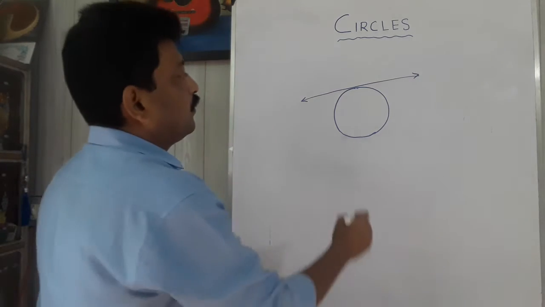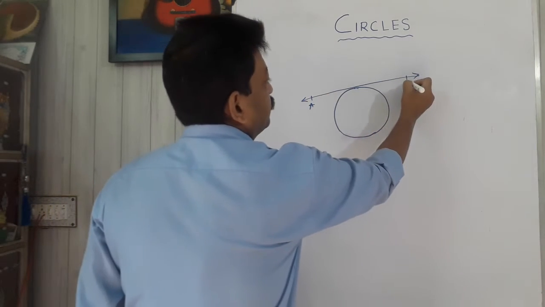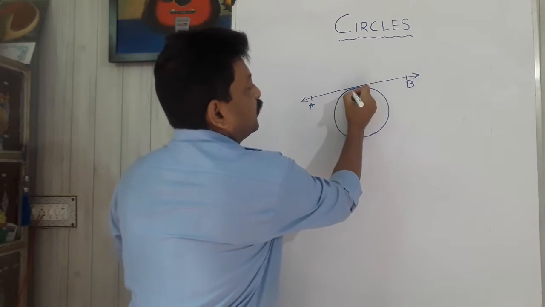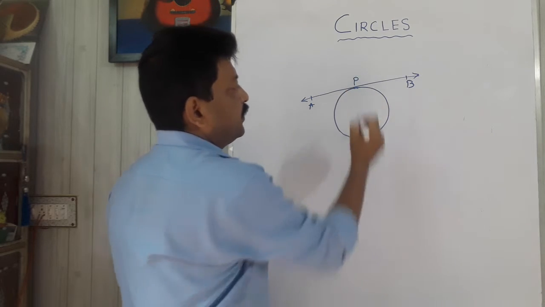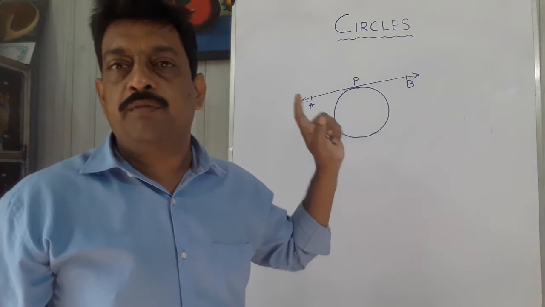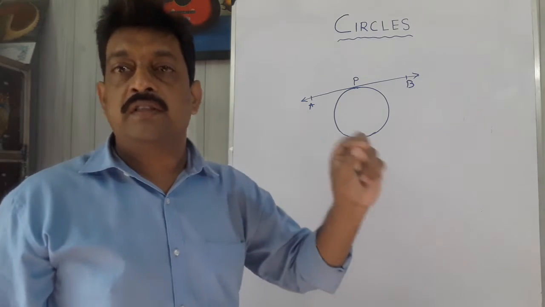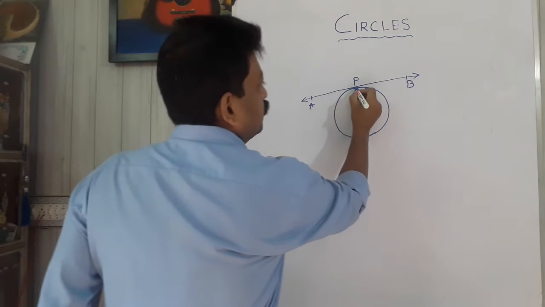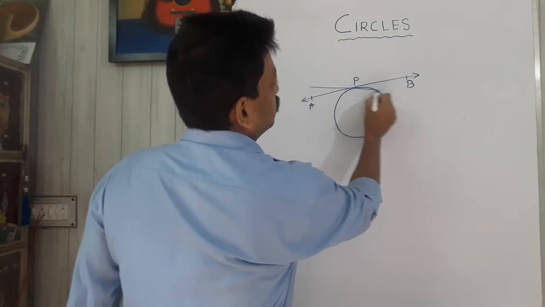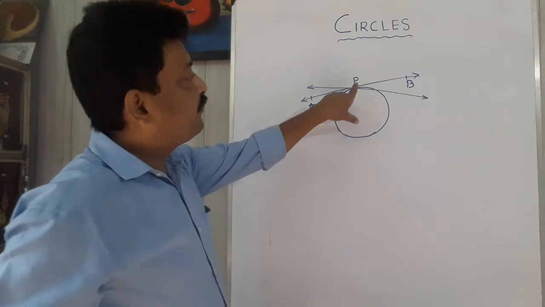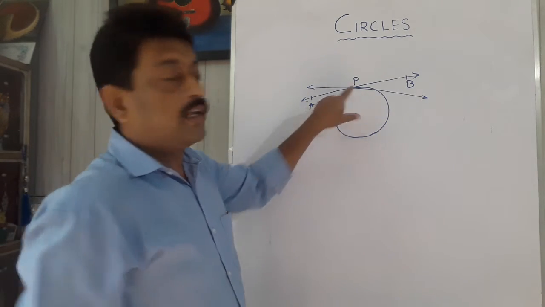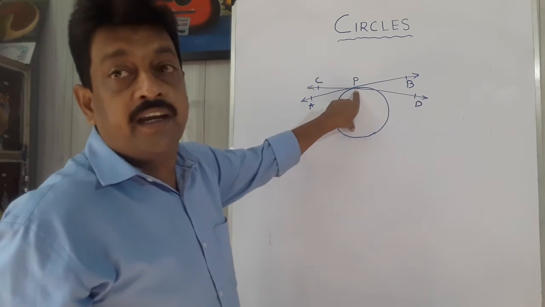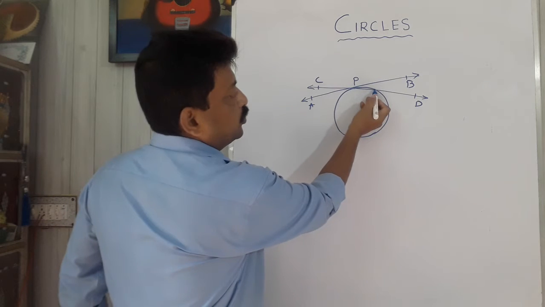Now if AB is the tangent, then the property says that through one point on a circle, only one tangent can be drawn. If we try to draw some more tangents like this, as you can see from the figure, CD is no longer a tangent, it is a secant now, because it is intersecting the circle at 2 points.